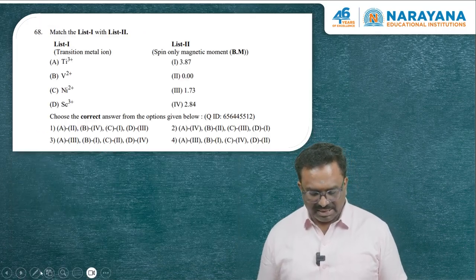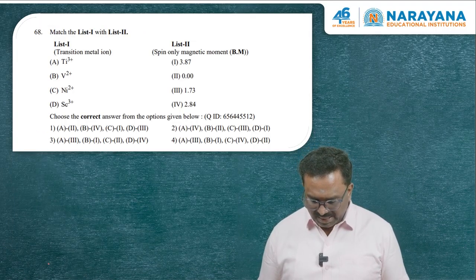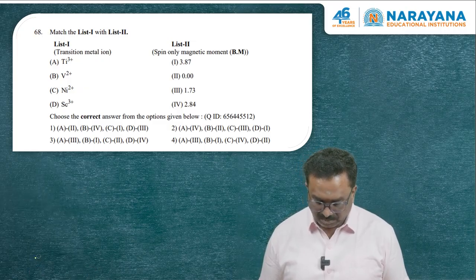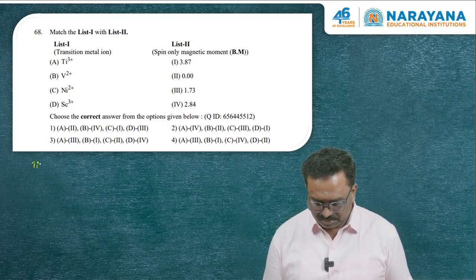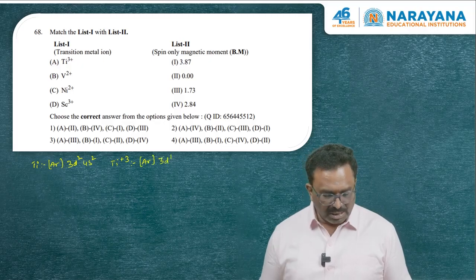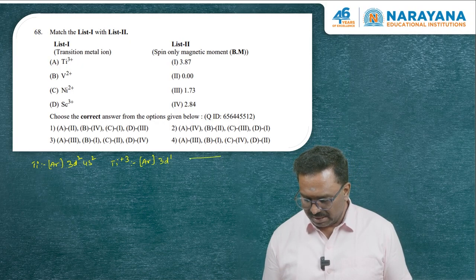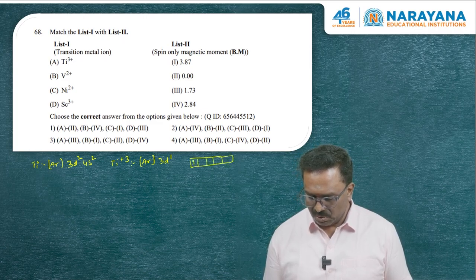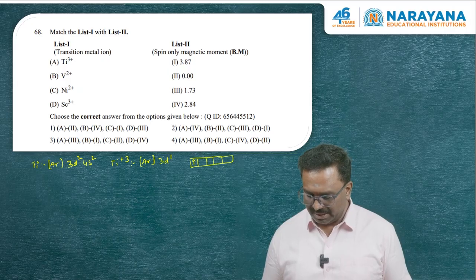Next, let us see Ti3+, titanium. Titanium originally has the configuration 3d2 4s2. So when it is Ti+3, you can write it as 3d1. 3d1 means in the d subshell only one unpaired electron is present.